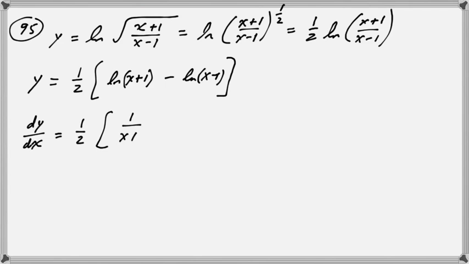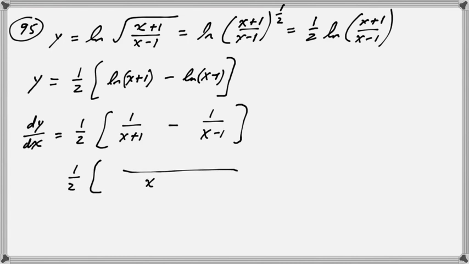At this point, I might find the derivative a little easier. U prime over U, U prime over U. What would be a common denominator between these? Would it be x squared minus 1? This is missing what? X minus 1. What is the other one missing? This is missing an x plus 1.